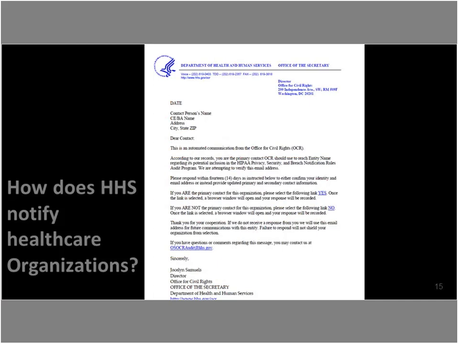And this is how you get notification from HHS in case you get selected by OCR or HHS for an audit, right? This is just to give you an example. The reason being there are a lot of fake emails or email scams going on. You just want to make sure that you are directly getting it from the Department of Health and Human Services.